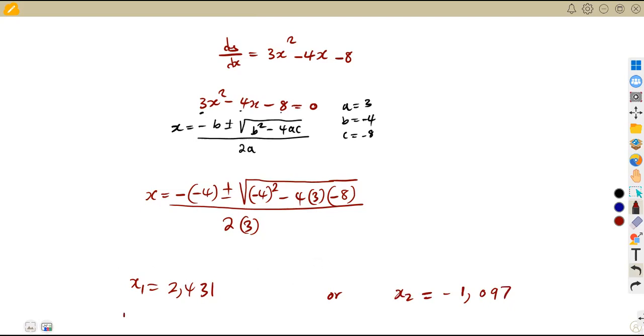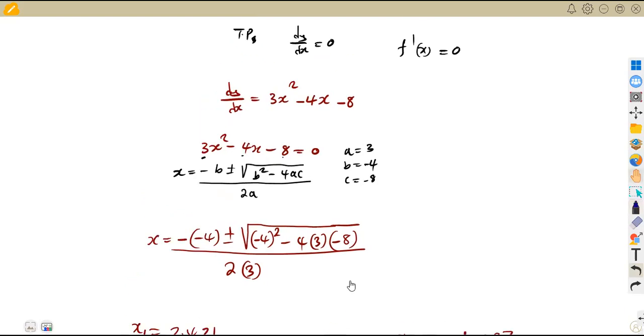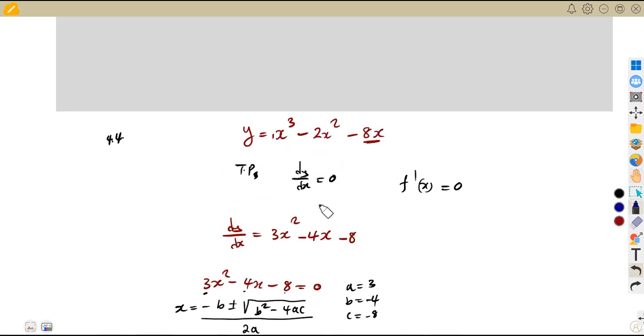So in order for us to obtain the values of y at the turning points, you are simply going to substitute the value of x into the original equation. Remember, our original equation is y is equal to this. So we are going to substitute the value of x to find y1. Remember, x1 was 2,431.